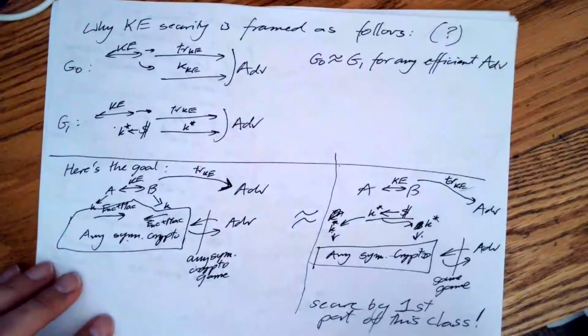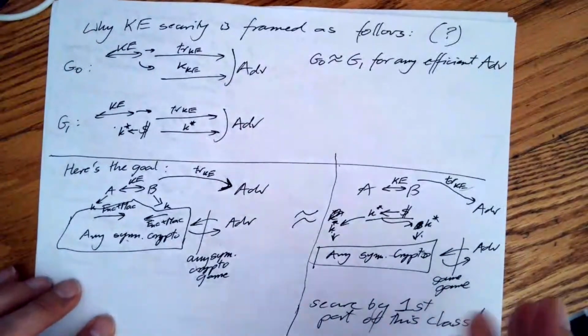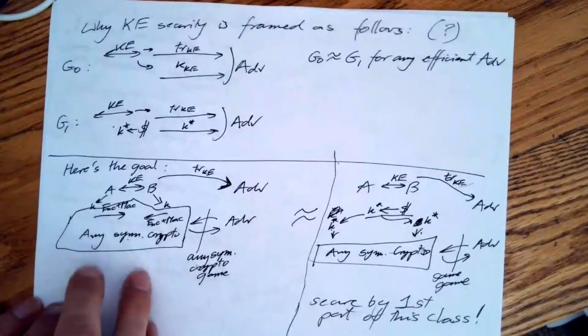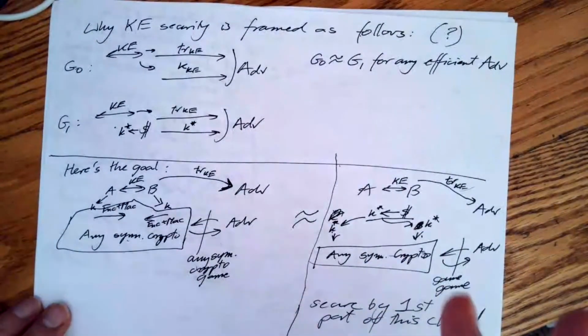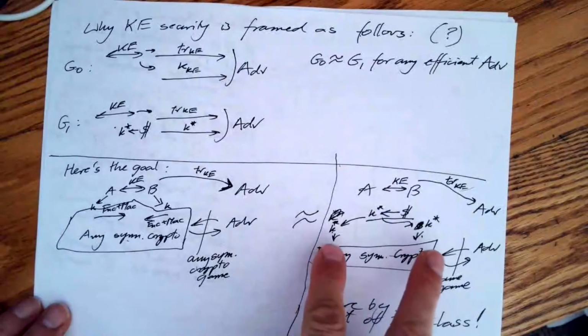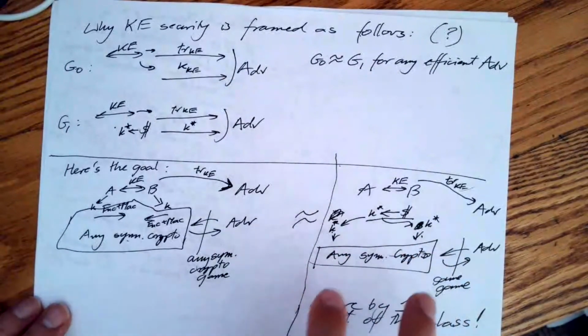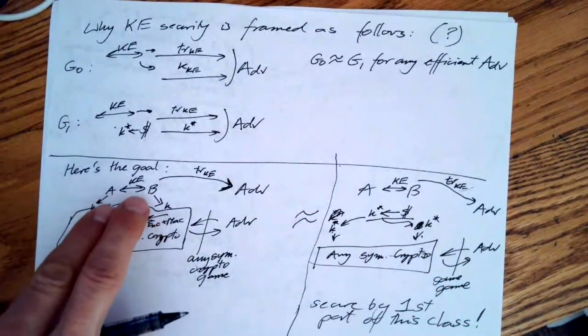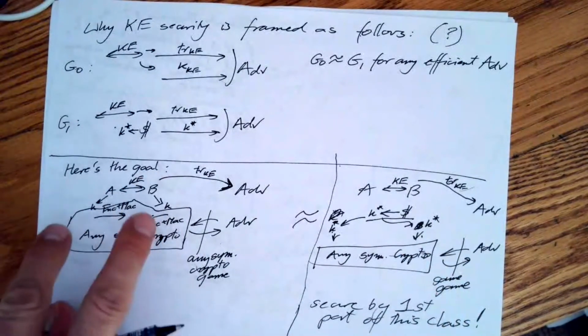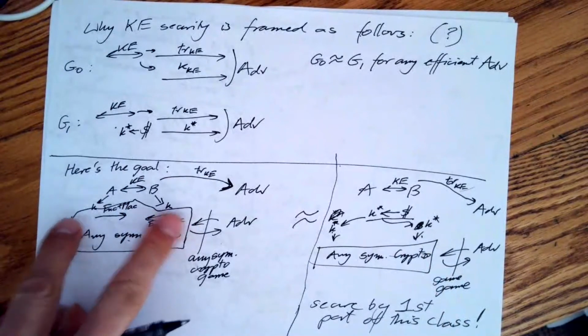Okay, and now I want the same security to hold, even though this magic choice of the random key on two sides of the network for Alice and Bob does not happen in reality, right? In reality, the key is chosen by the key exchange and is its output.